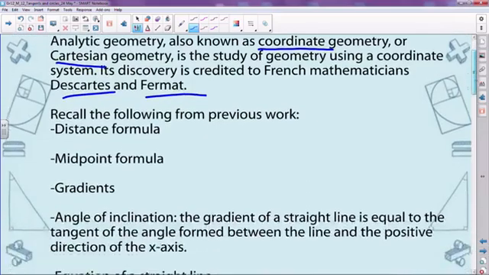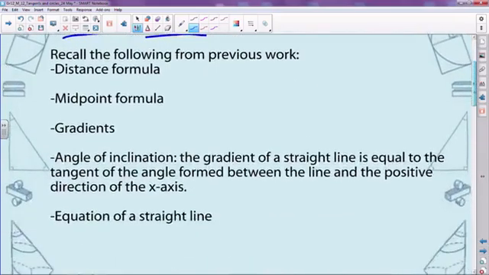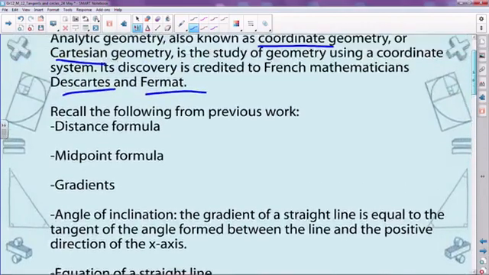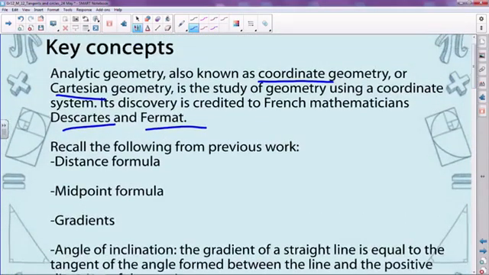You have also done work on this previously, and you've revised this at school, so it shouldn't be too much for you to recall without having your formula sheet. The distance formula is to work out the distance between any 2 points.